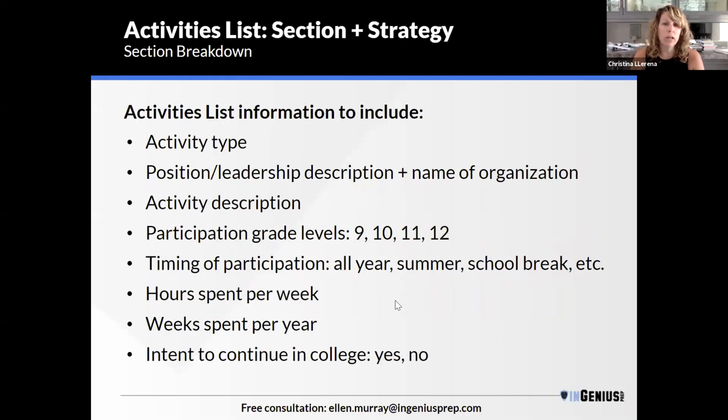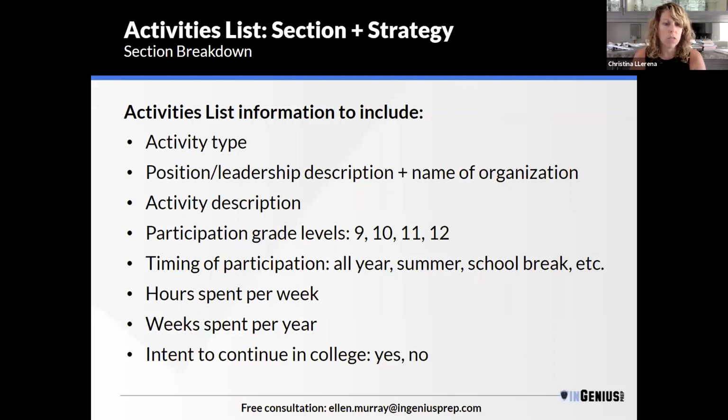This is what it includes when you talk about the activities list. It's your activity type, so there's the category, your position or leadership description, and then the name of the organization. That's very important. A lot of students forget to put the organization name, or they put it inaccurately. Then what is the actual description? What did you do? What did you accomplish? What are your deliverables?